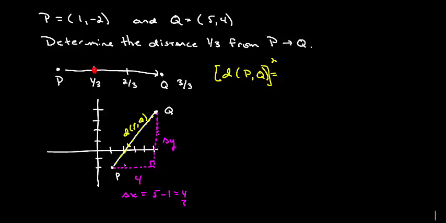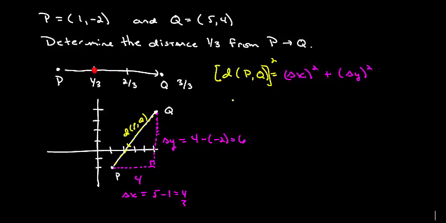Well, our change in y goes from -2 up to 4, so that's 6. So it's 4 minus a -2, which is 6. So if you take the change in x and square it and add it to the change in y squared, that'll be equal to your distance squared.